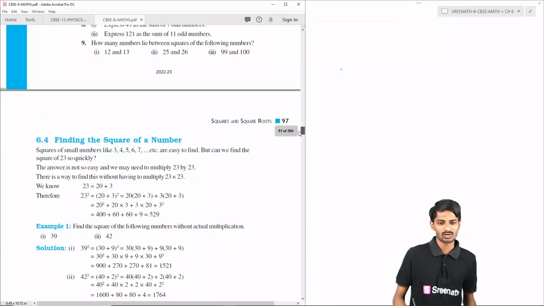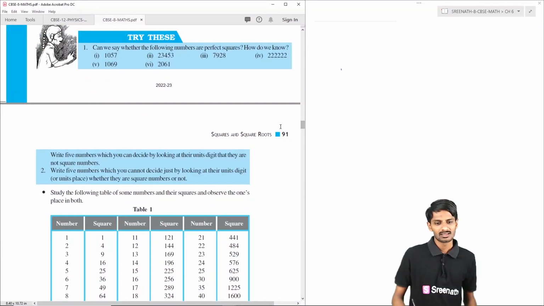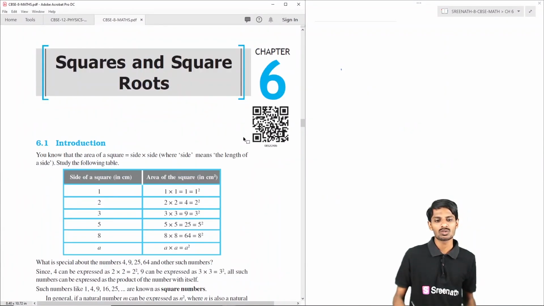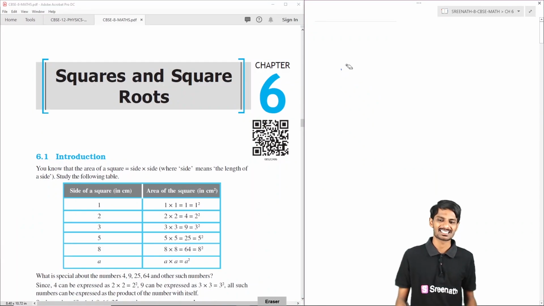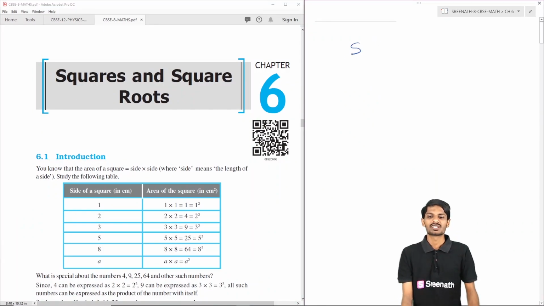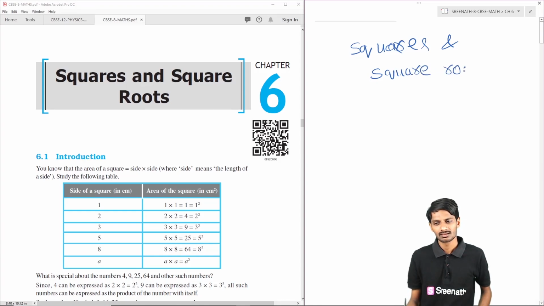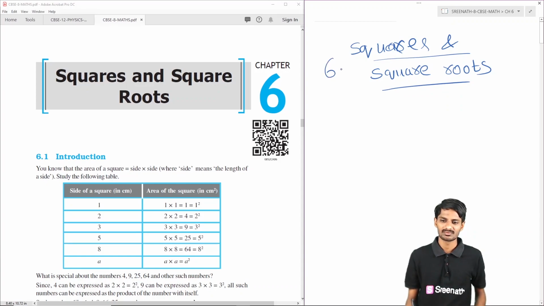This is the whole chapter we are going to learn now. Hope you have understood it. Now we start the complete chapter discussion. So the chapter name is squares and square roots. This is our present chapter name.